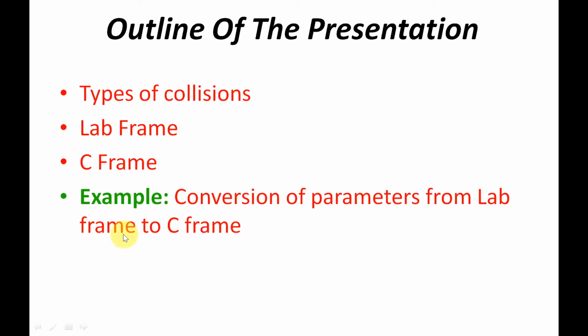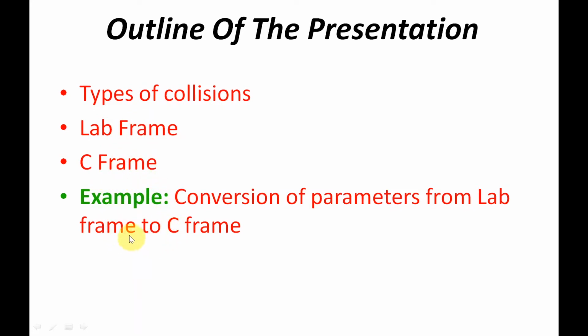And then the main highlight of this presentation is an example by which we are going to learn how to convert the parameters that are given in the laboratory frame to the center of mass frame of reference.